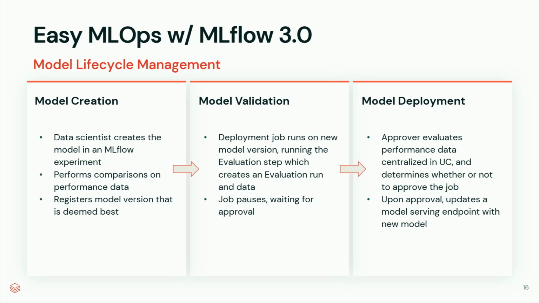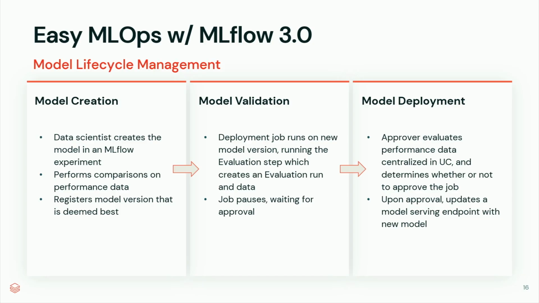Now they want to register the model version that they deem best. Today, that's a little difficult. Which model do I register to? This prod catalog, this dev catalog? How do folks know where to get it picked up? A lot of folks have to set up some custom infrastructure using jobs or ADO or whatever to say, oh yeah, this is the model you definitely want to deploy, and this is how it's going to pick it up, and so on and so forth.